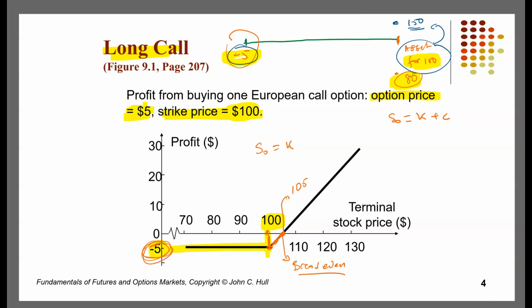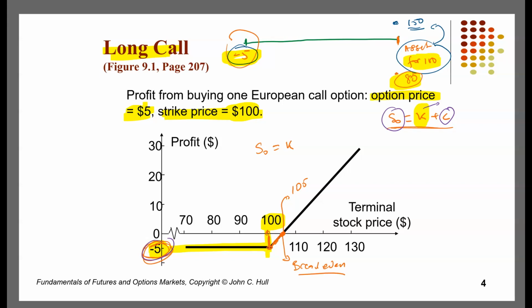And at that point we've broken even, because we would pay the strike price for the underlying by exercising the option. We would recover, if we sold it, at the current market value, which is S0, and that would allow us to recover the cost of purchasing the option.